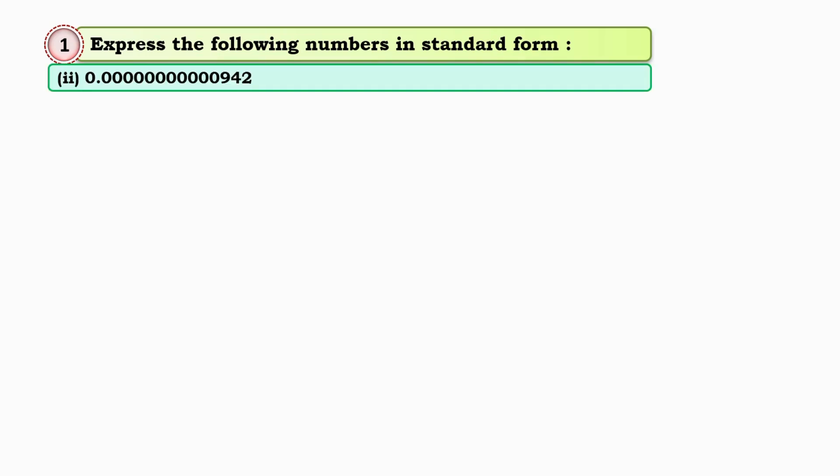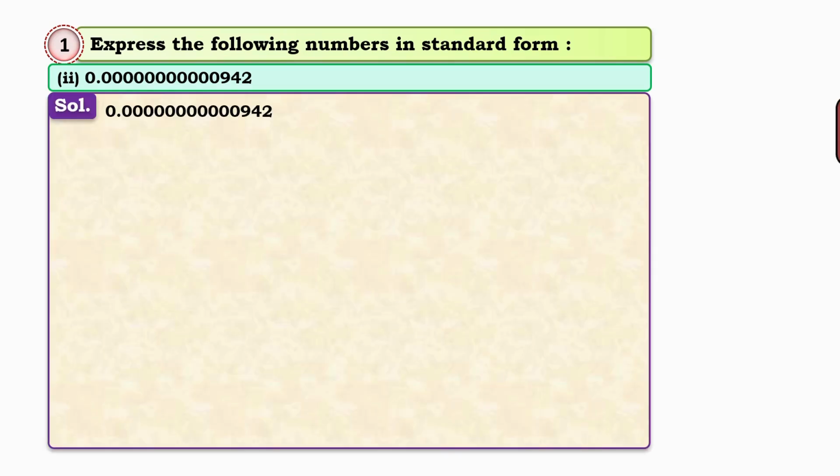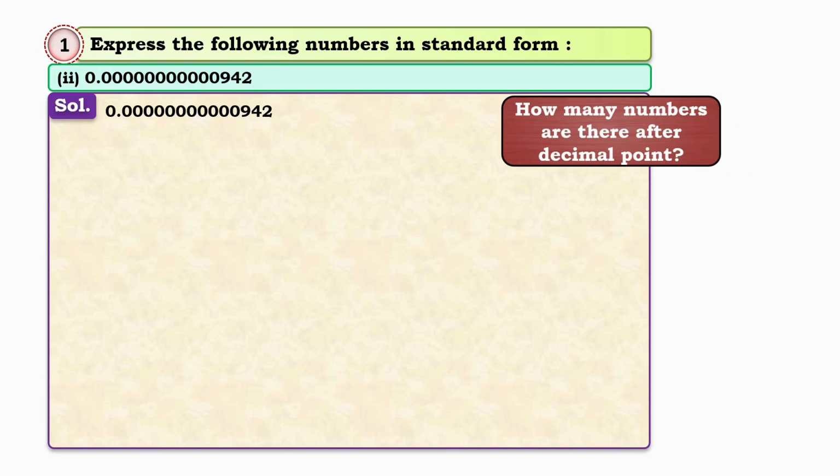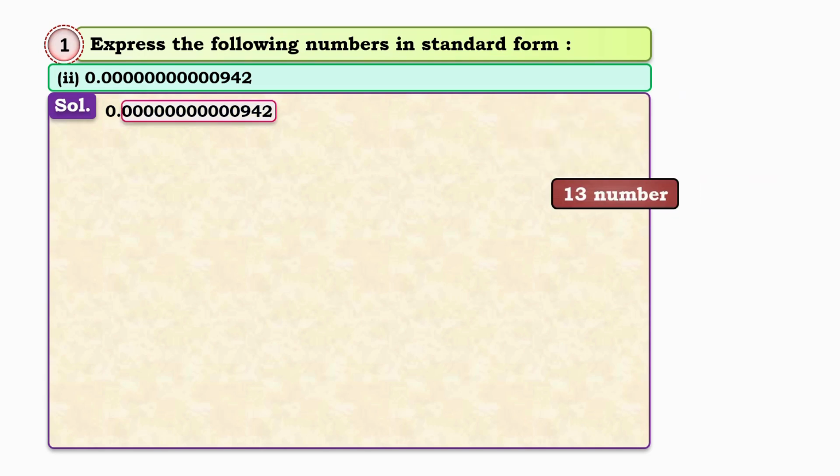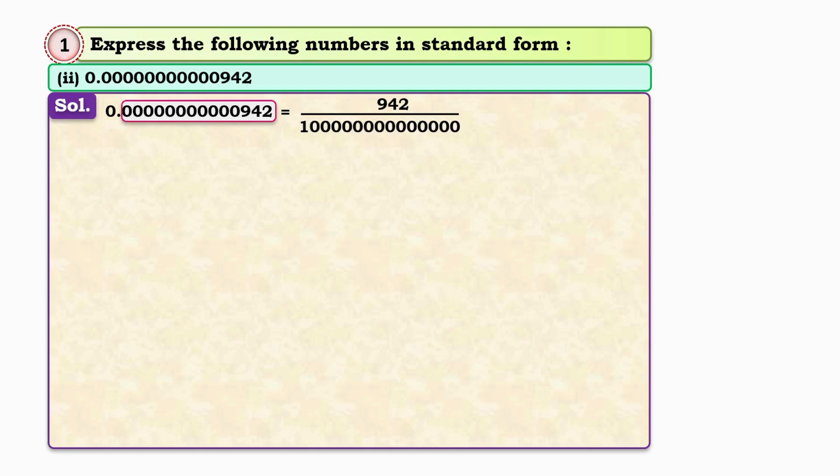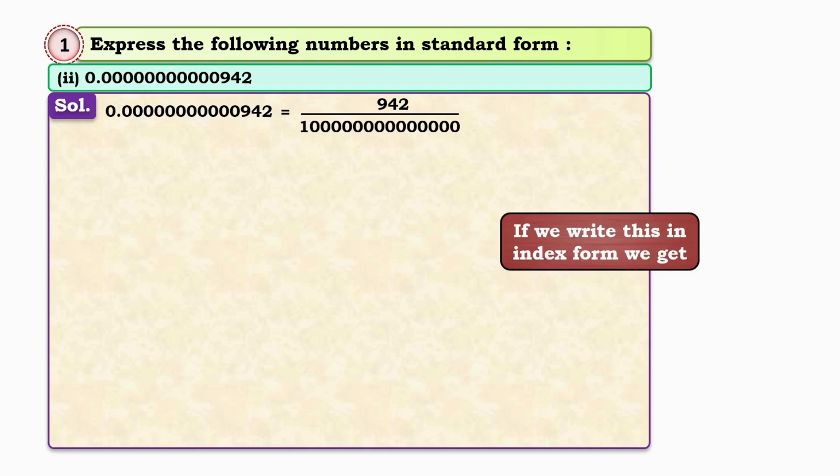Now let us take a look at another problem. So here also first we need to count the numbers after the decimal point. Actually there are 14 zeros after the decimal. It's total 14 numbers.